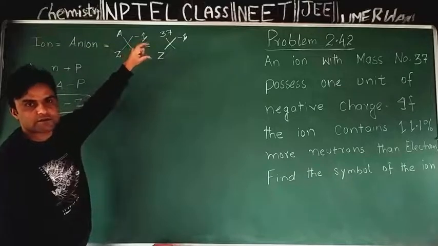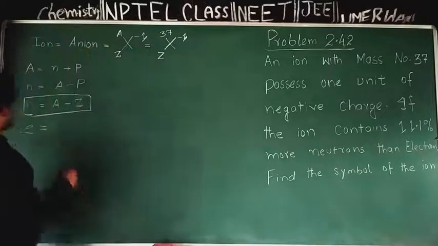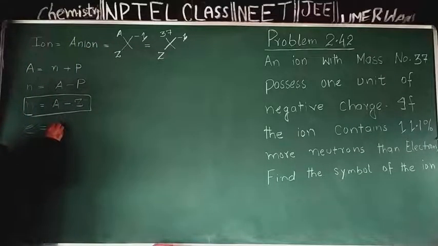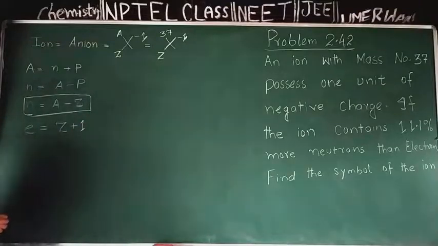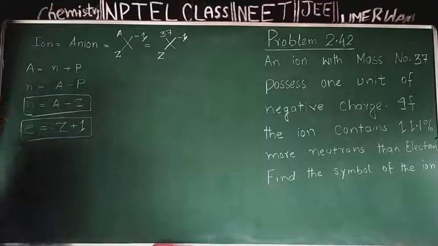It has gained 1 electron in order to form the anion, and the number of electrons in this anion will be equal to the number of electrons in the neutral atom, which is the atomic number, the number of protons, plus the number of electrons gained by the atom to form the unit negative anion, that is 1. This equation gives me the number of electrons present in this unit negative anion and is equal to atomic number plus 1.